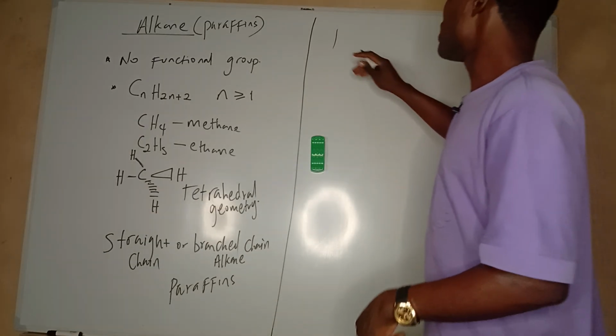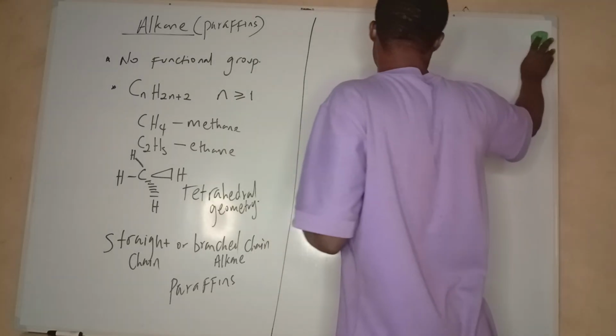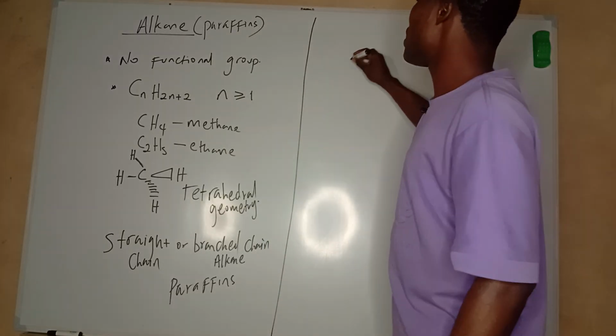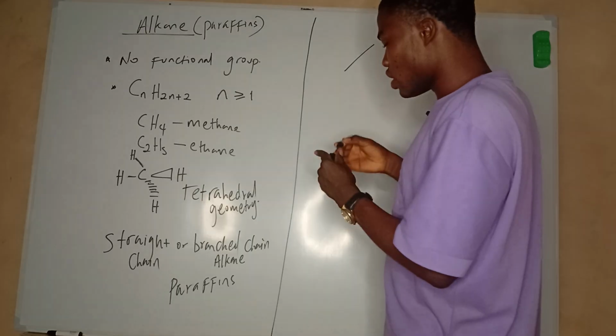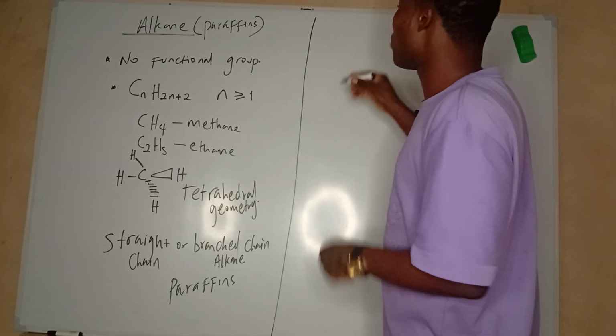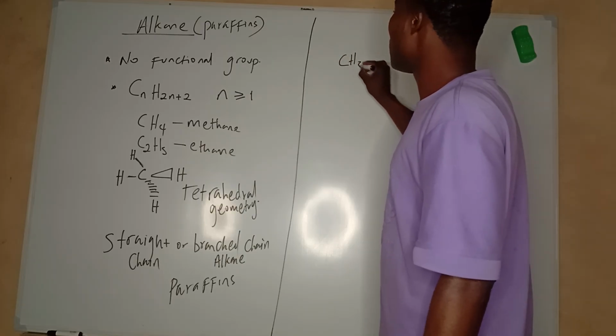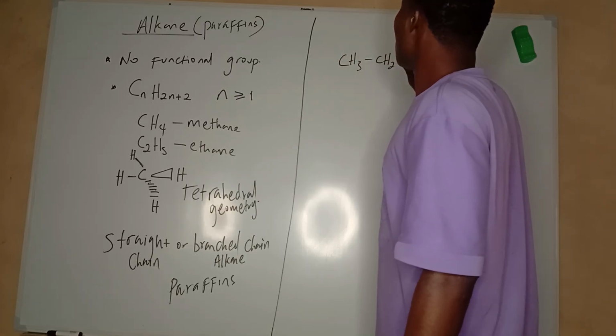When we say straight chain or branching alkanes, we refer to something like this. Let me not draw a skeletal structure, let me just draw the normal structure. A straight chain alkane should be something like this, CH3, CH2, CH3.